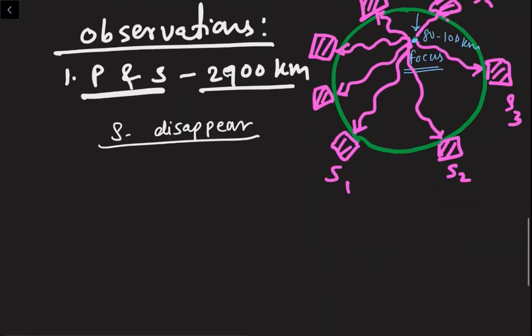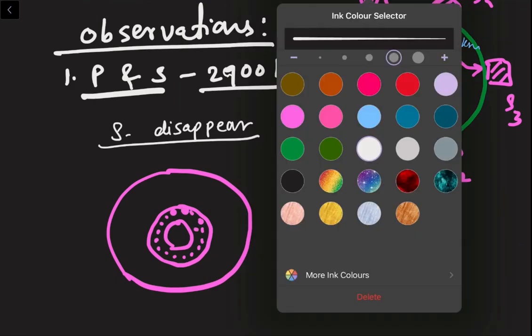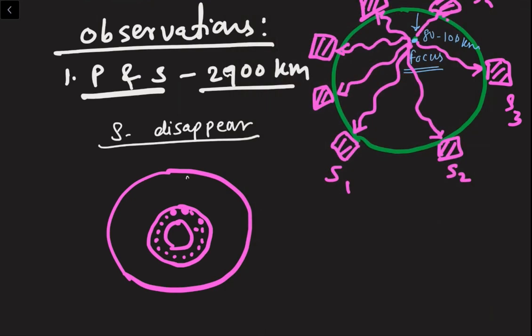Let us see. This is Earth. You know better that there is an outer core and an inner core. But the outer core is made up of liquid material, right? So whenever there is an earthquake, what happens? These waves start here.